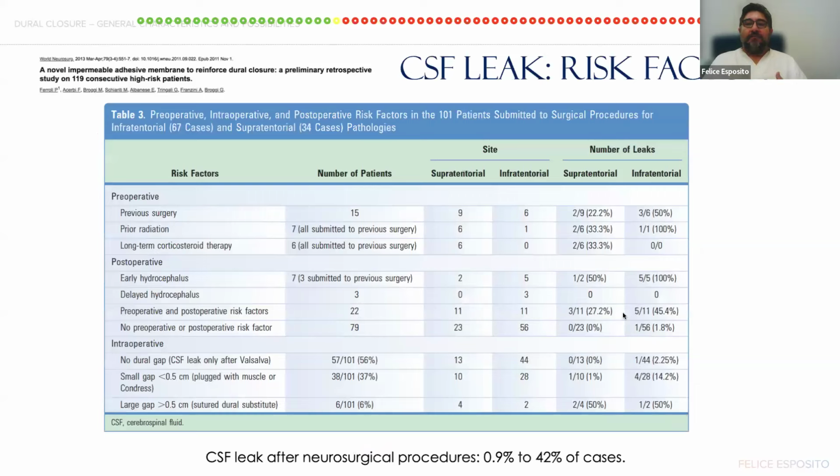There are some risk factors, either preoperative and intraoperative, that may cause a more difficult closure of the dura mater: if it is a recurrent surgery, if the patient had prior radiation therapy, if the patient had prior long-term corticosteroid therapy, and so on.